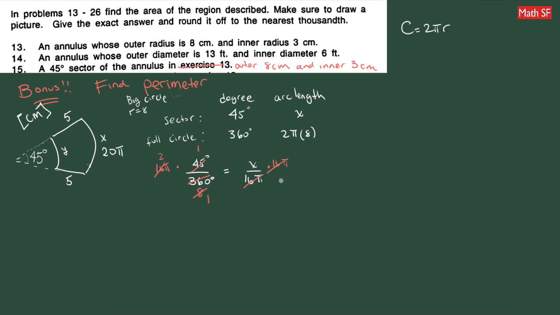So we had it correctly there. Then 8 goes into 8 once, and 8 goes into 16 twice. So I'm gonna have left 2 pi equals x. I had a typo here, so this is 2 pi.